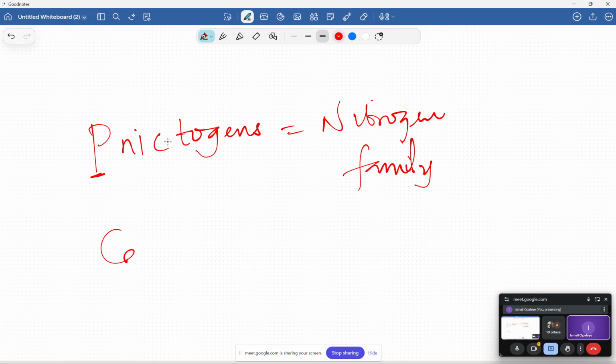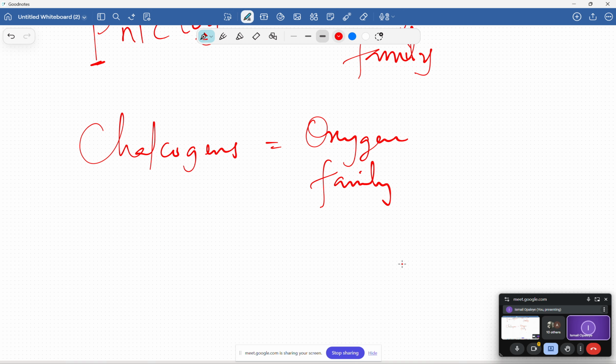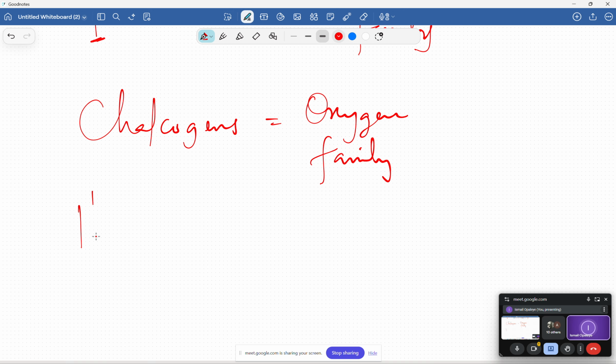You have the chalcogens. I want to write chalcogen there. Sorry. Chalcogens, that is the oxygen family. That's oxygen and sulfur, they are the ones that occupy the group. You have the halogens, right?